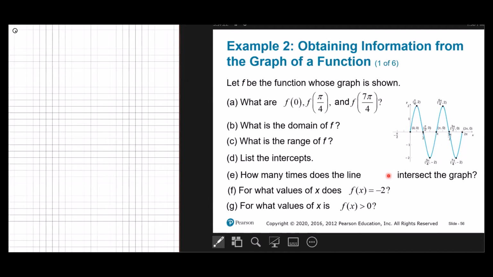This set of this PowerPoint is an updated version of the PowerPoint I used to work with, because we used to use the 10th edition of this textbook, and now we're using the 11th edition of this textbook. And because of that, they rewrote all the PowerPoints, except they weren't careful.